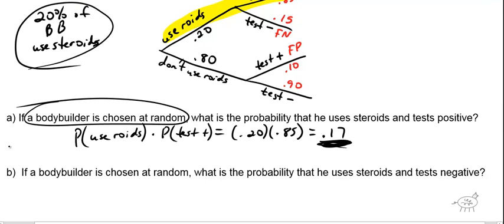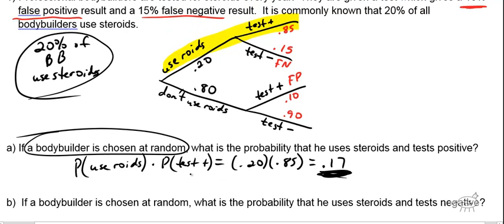B, if a bodybuilder is chosen at random, what is the probability that he uses steroids and tests negative? Okay, so he uses steroids. So let me erase this yellow guy right here. Okay, so he uses steroids and tests negative. So it's kind of the same thing. It's just you changing the probability.